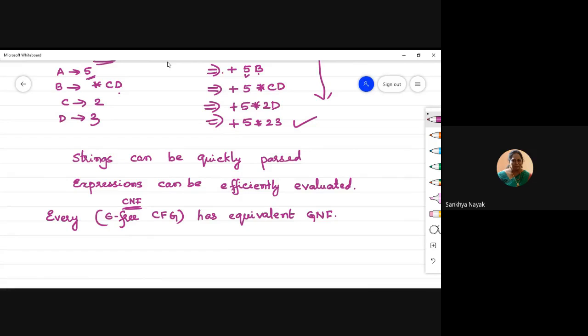GNF is short for Greibach normal form. Now I'll write only a few simple examples, and we'll leave the class in 5 minutes. There are complicated examples also which will require you to go through 3 steps. I'll just tell you what those steps are, and we'll solve the problem tomorrow.